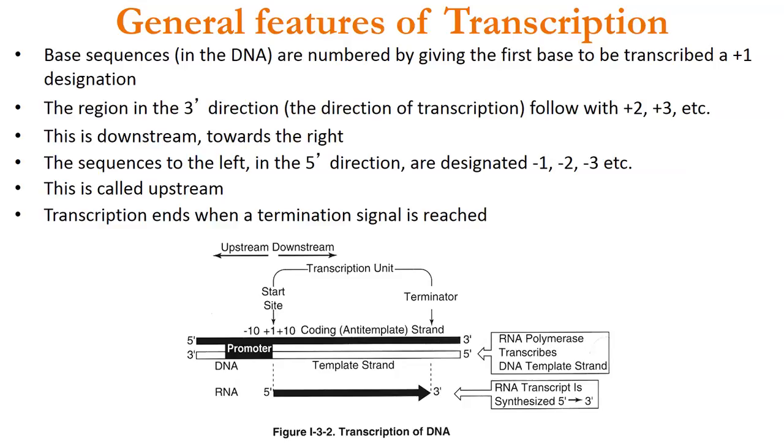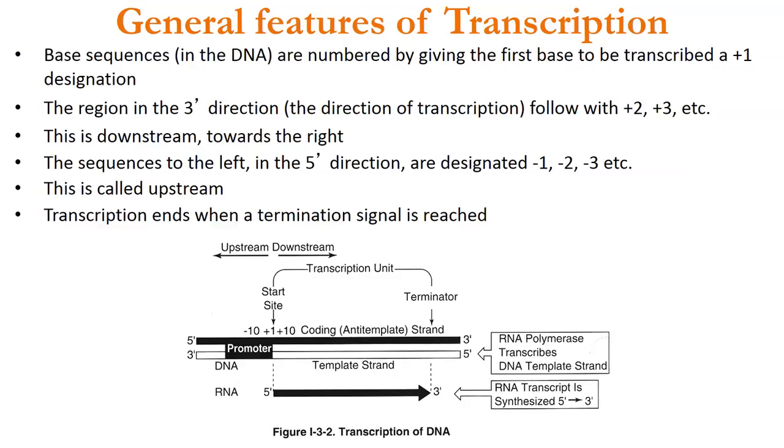There is no 0. The -1 is also called upstream, and this becomes important because this is where our promoter sequences are. As we go through, we're going to talk about some promoter sequences, and we're going to use minus number designations to say where they are.